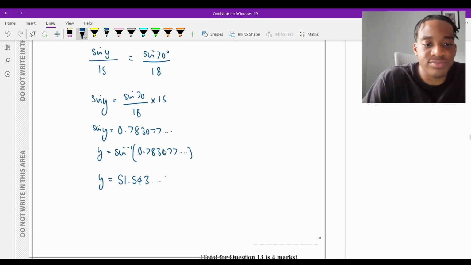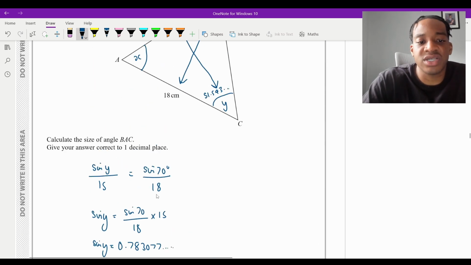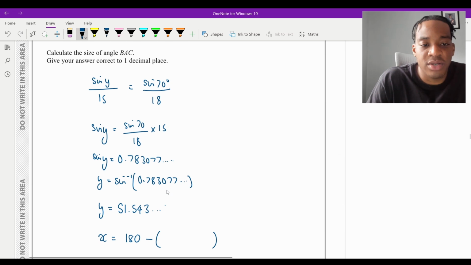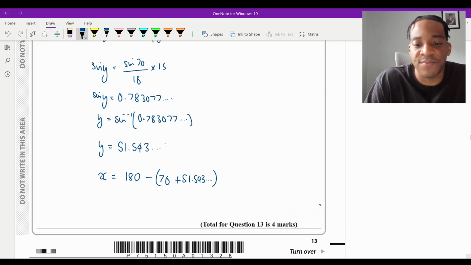So I'm going to do this here. So I'm going to say x is equal to 180 minus those two angles. So minus the 70 degrees that we know, and I'll have to add that angle there as well, 51.543... And I'll just put this into my calculator and see what it gives me.